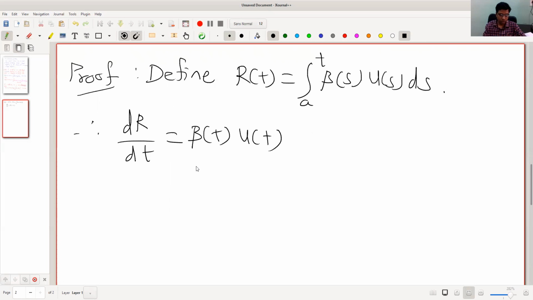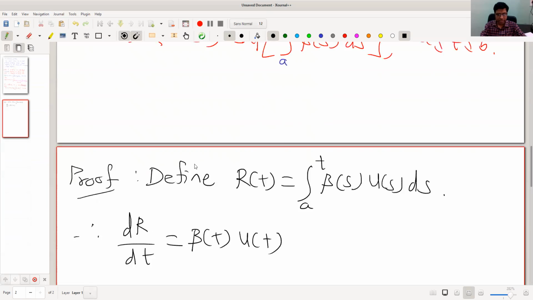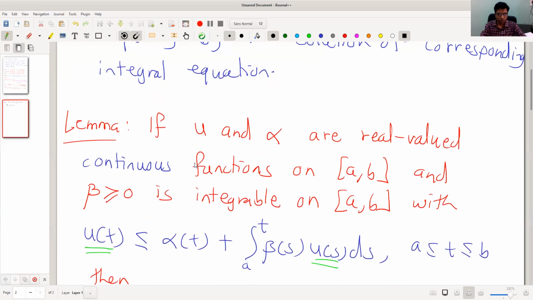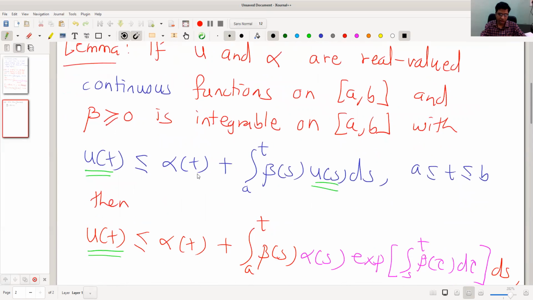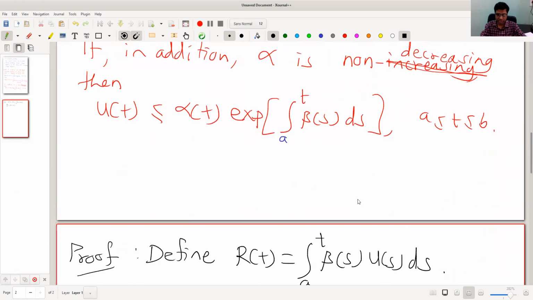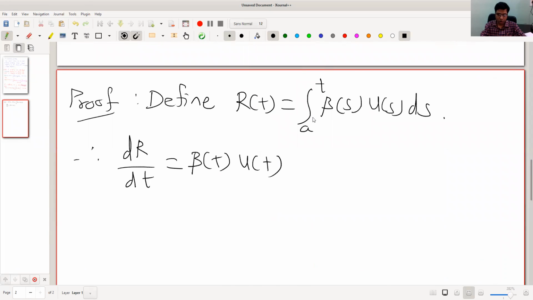And now given thing is u of t is less equal alpha of t plus integral from a to t beta of s u of s ds. Now this integral beta of s u of s ds, it is r of t.